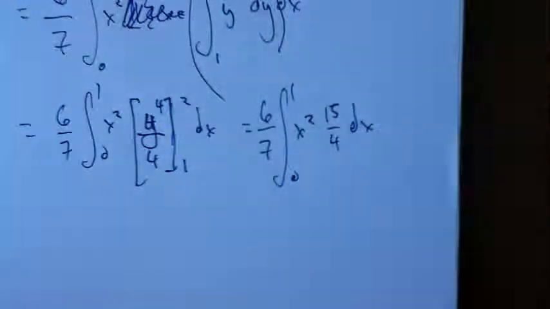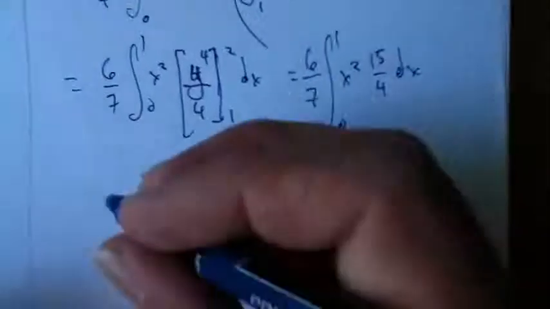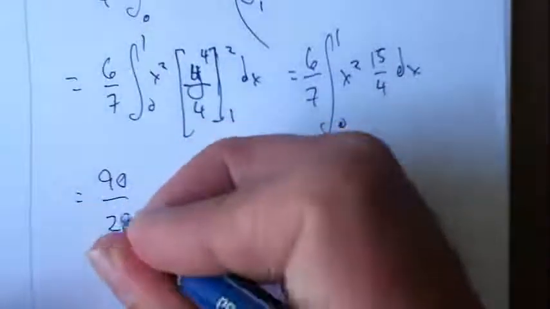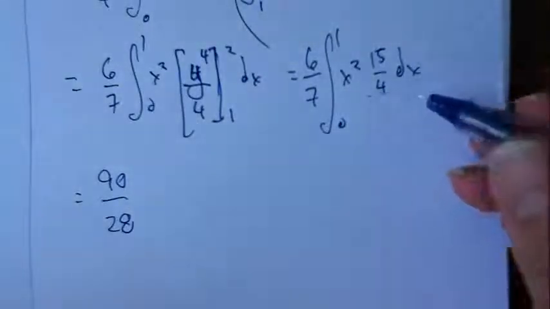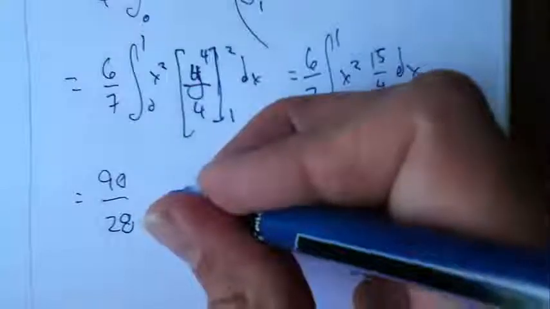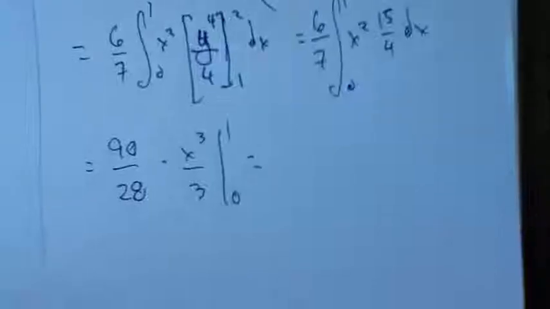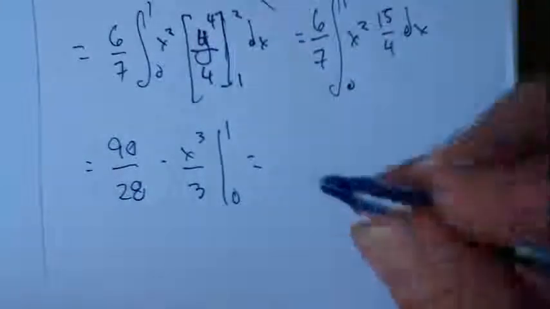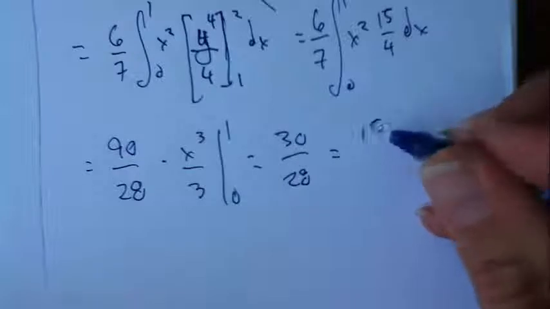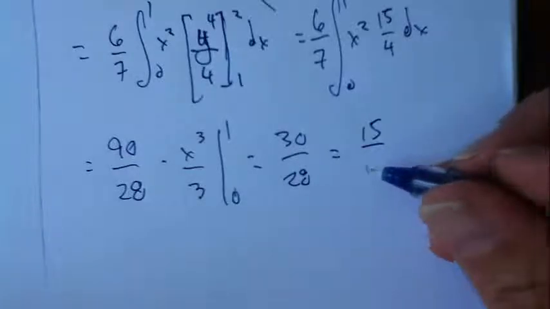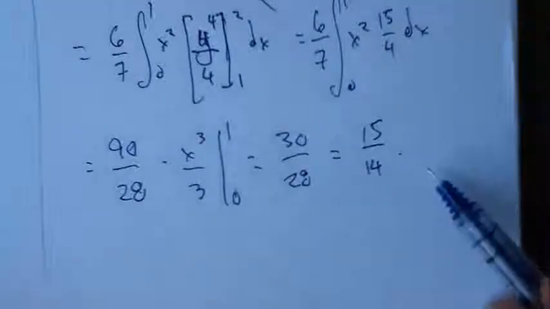We pull that 15 quarters out. I guess I get 90 over 28. 6/7 times 15/4 is 90 over 28. Yep, that's right. So then I get x cubed over 3 from 0 to 1. It's just a third of 90 over 28. This is 30 28ths, or 15 quarters, or 15 14ths. Yeah, 15 14ths.